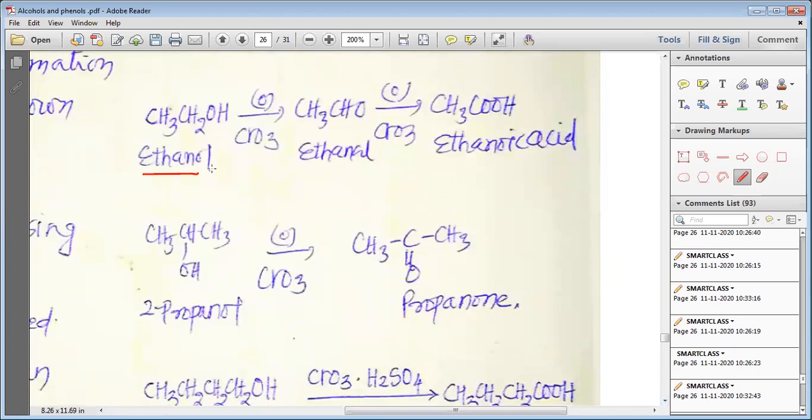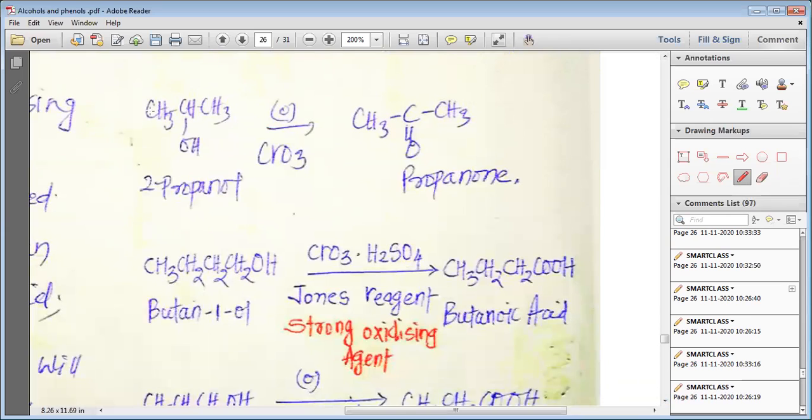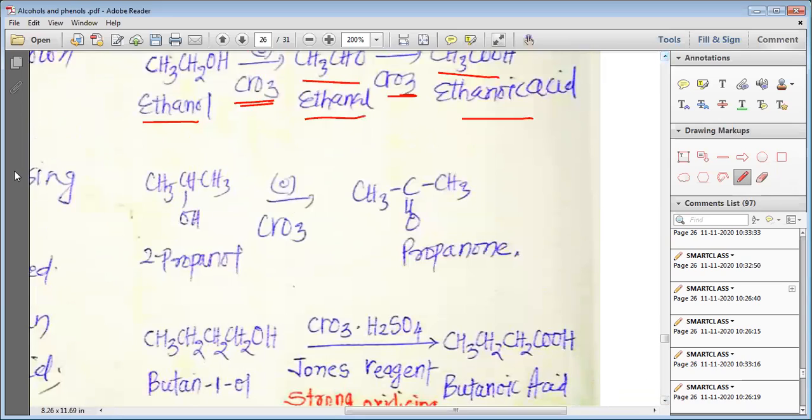If you have ethanol, if you allow it to oxidize with the mild oxidizing agent CrO3, it gives us ethanal, and on further oxidation with CrO3, it gives us ethanoic acid. Same way, if you have propanol, you remember, my dear students, that this was the primary alcohol, it gives us the aldehyde, and then it gives us the acid.